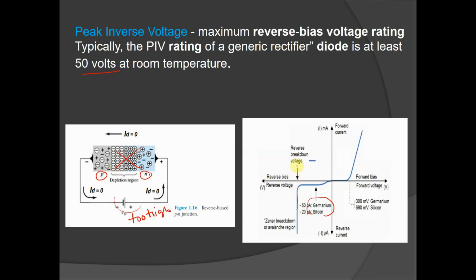There will be an avalanche current, like a very high current, because you have reached more than the peak inverse voltage, the maximum reverse bias voltage. And this is the plot of the forward bias. At 0.7, it will start to conduct current. This is I and this is the voltage.